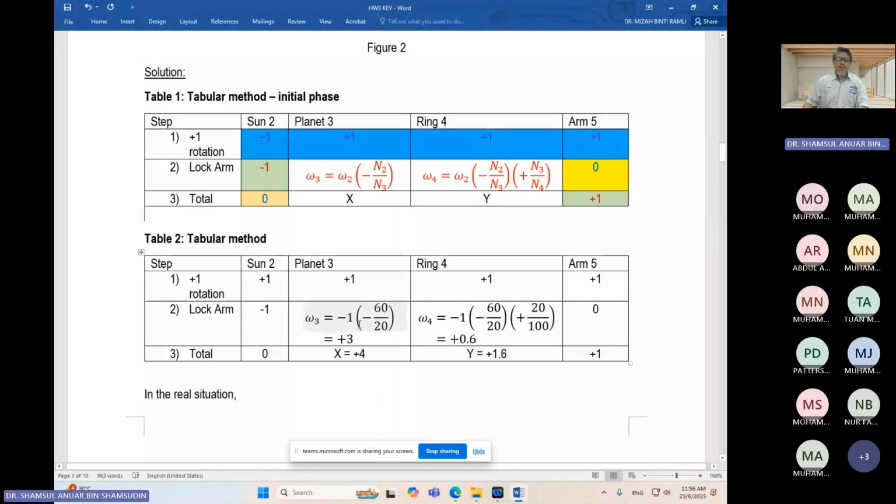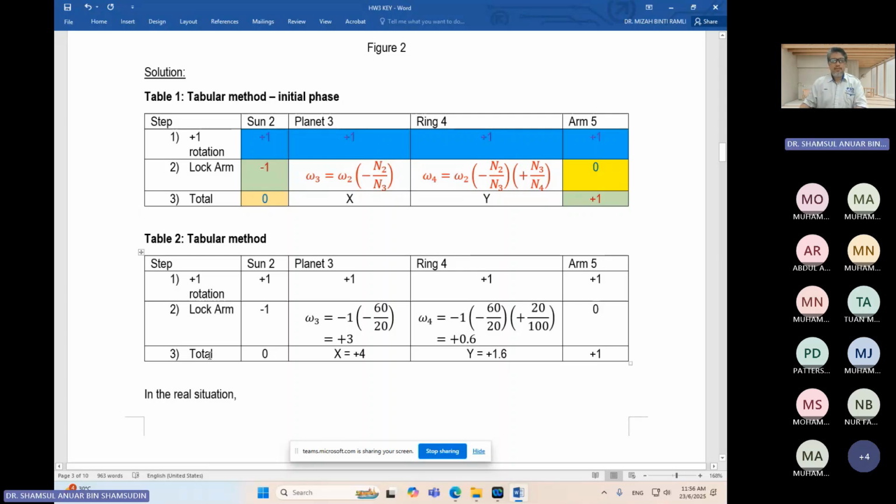So here we have 6 divided by this. So this is a positive 3, and plus that with the positive 1 on top. So you get a positive 4. And this one will give you a positive 0.6. And plus that with the top one is going to give you 1.6, positive 1.6.